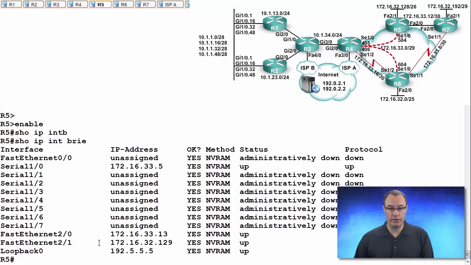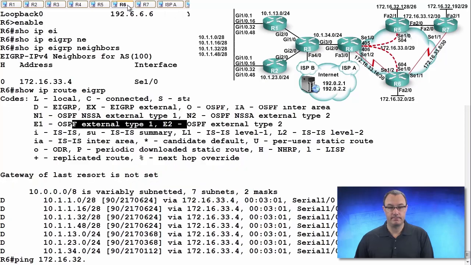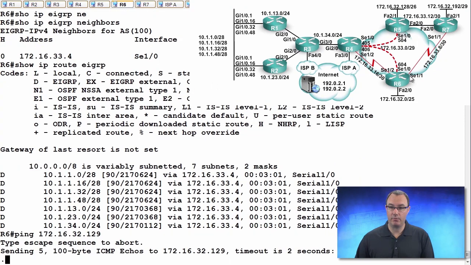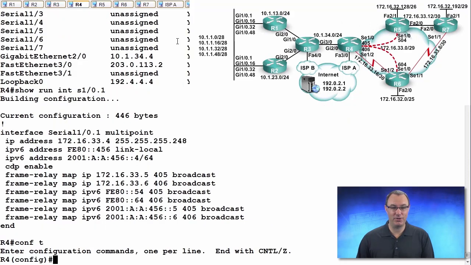So it's 129. I want to ping 129. I'm just trying to ping from R6 to the 128 network. It's failing. That's good. That's what I want, because I want to solve it for you. So we'll go over to R4. It was failing. Dots indicate a failure.